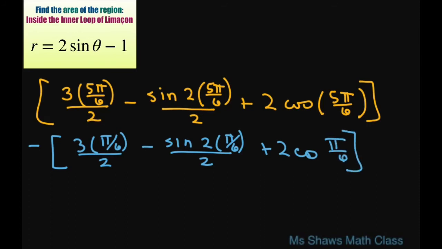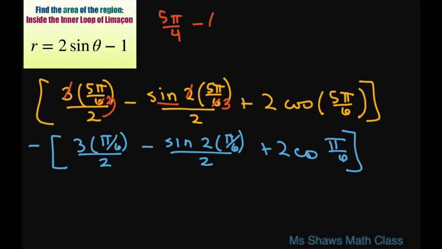Now let's look at all this. 3 goes into 6 2 times, and you multiply those two. So we're going to write 5 pi divided by 4. 2 goes into 6 3 times, and when you take the sine of 5 pi divided by 3, that's going to be negative square root of 3 divided by 2.